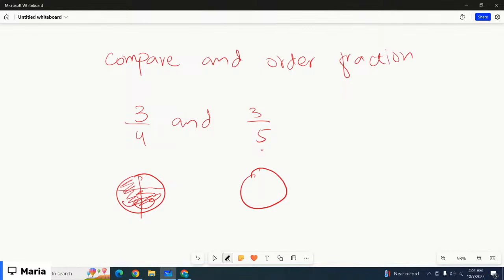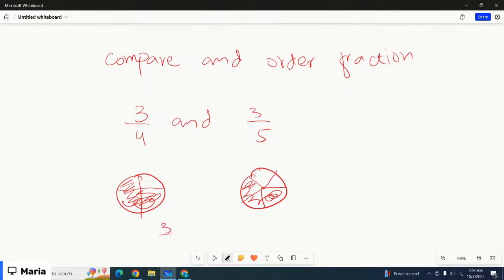You have 1, 2, 3, 4, 5 parts, and 3 of them are colored. So which is greater? You need to see the greater fraction.